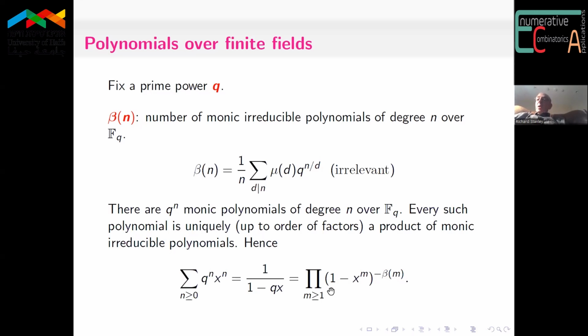And then the expansion of 1 minus x to the m inverse chooses the multiplicity of that irreducible polynomial. Here we get this well-known identity. It's just the analytic way of expressing the unique factorization property of polynomials in one variable over a field.